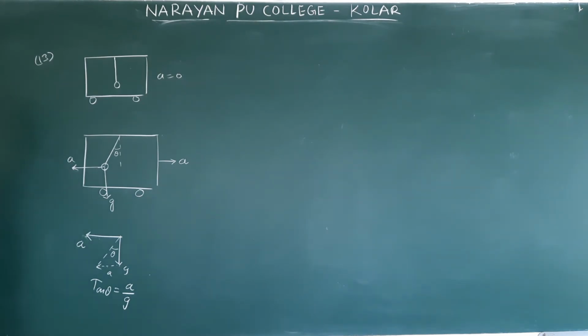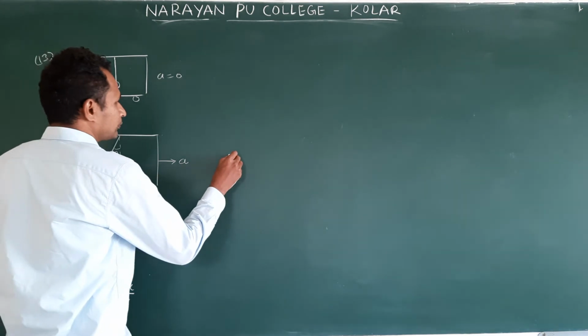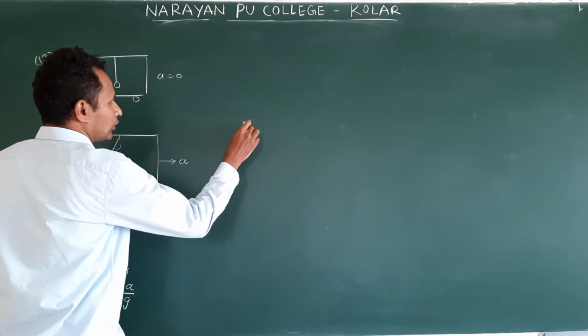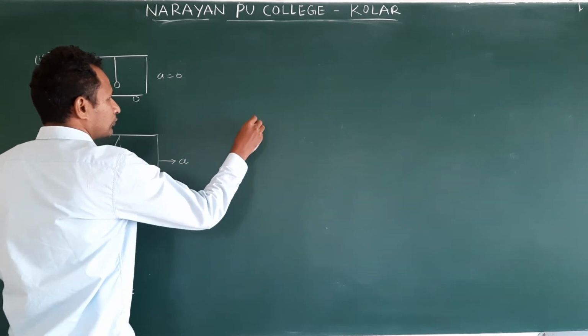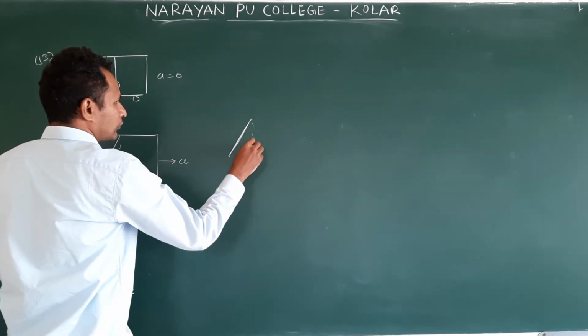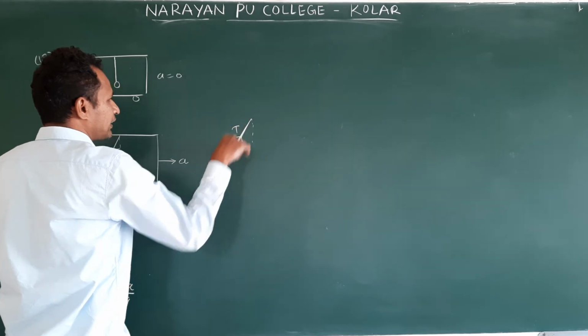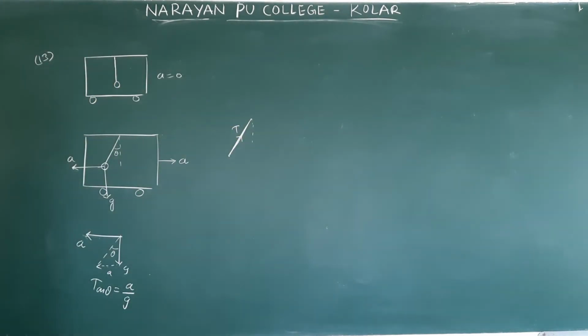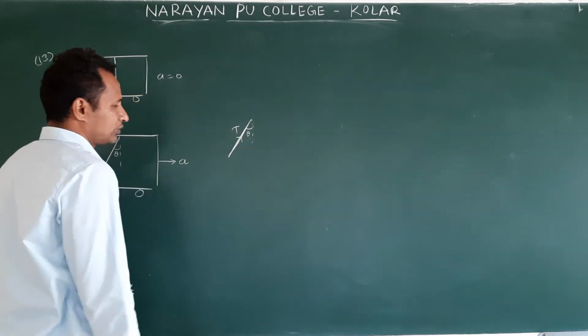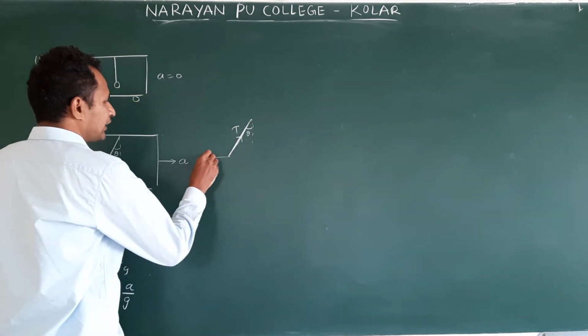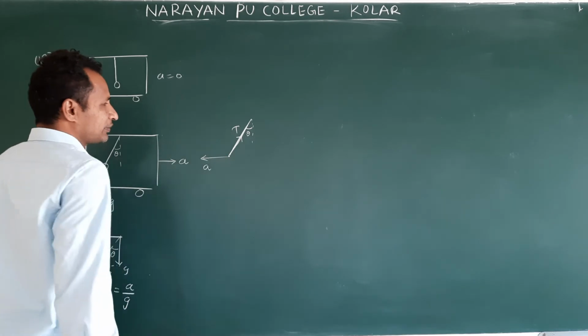Or, if you follow this equilibrium concept or free body concept, see. This one, this is tension. T acts always towards the rigid support. They mention this angle theta, right? This is accelerating in this direction. Let's say a.